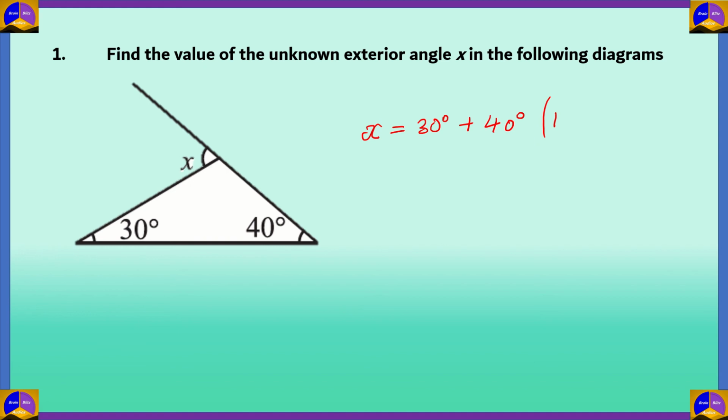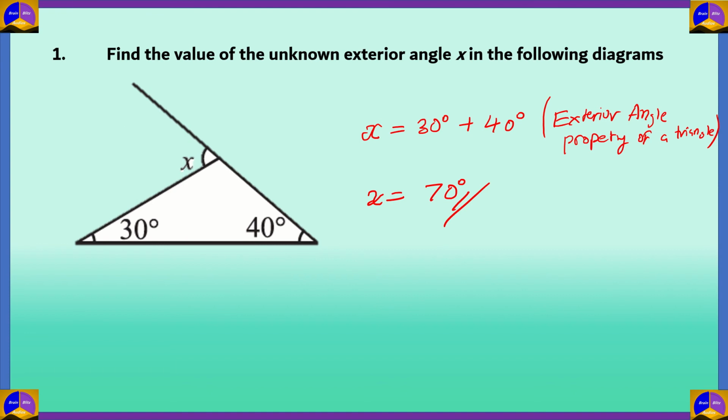Reason: exterior angle property of a triangle. So x is equal to 30 degrees plus 40 degrees, so x is equal to 70 degrees for this diagram.